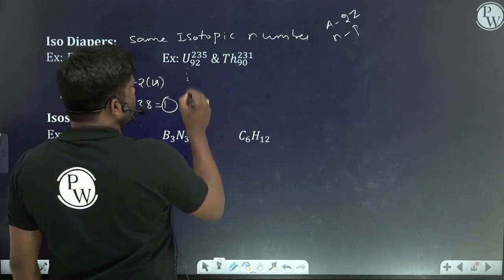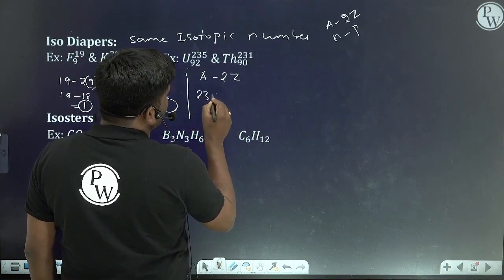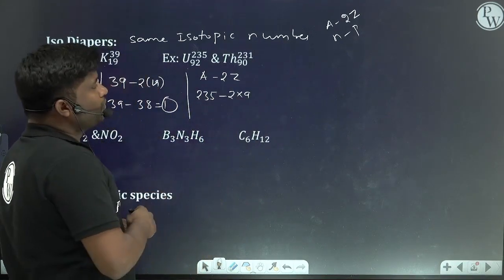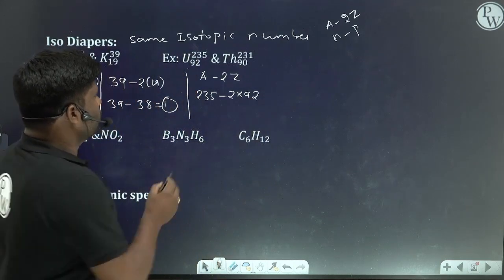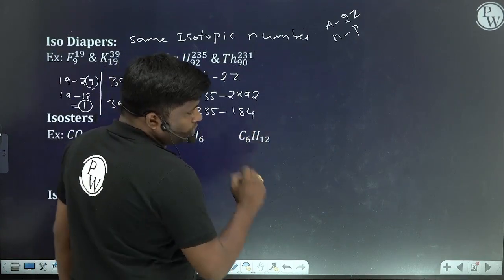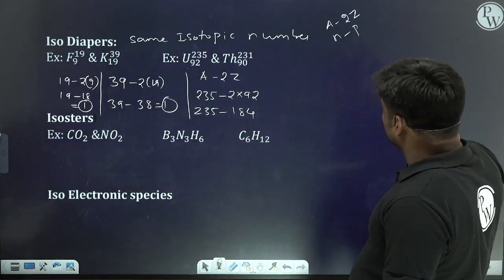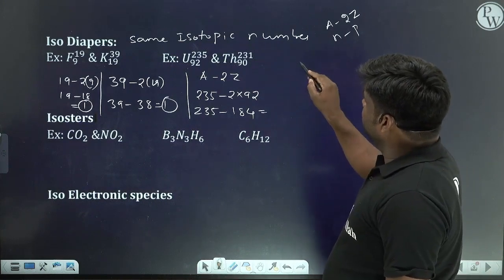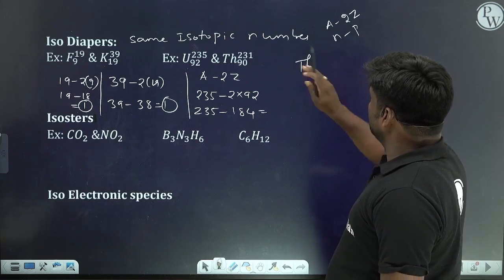Okay. Here also check A minus 2Z. A is 235. 2 into 92 is 184. 235 minus 184, how much? And thorium, uranium, this one. Thorium, you check the A minus 2Z value.